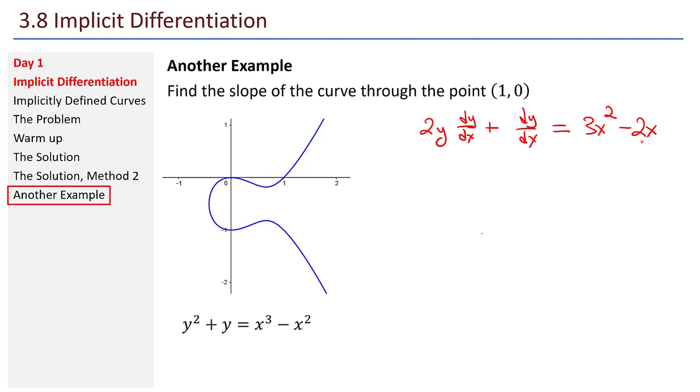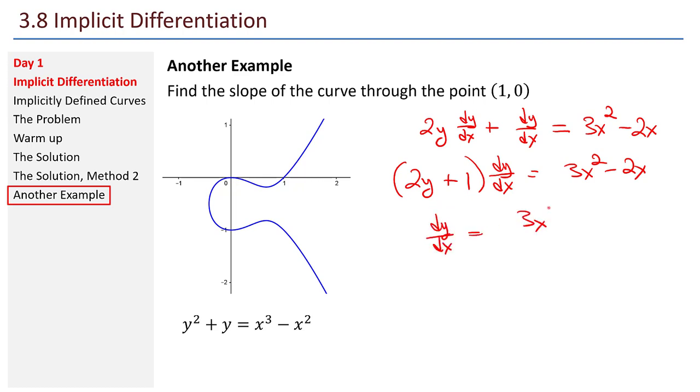Let's solve for dy dx. Every term with dy dx is already on the left anyway, so 2y plus 1 times dy dx equals 3x squared minus 2x. Divide both sides by 2y plus 1. dy dx equals 3x squared minus 2x, all divided by 2y plus 1.